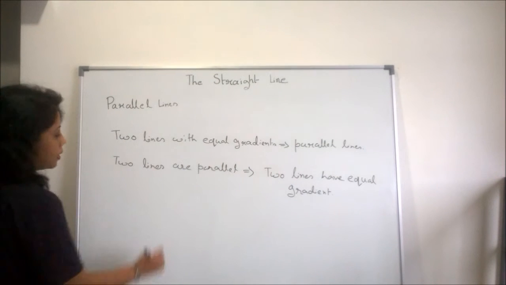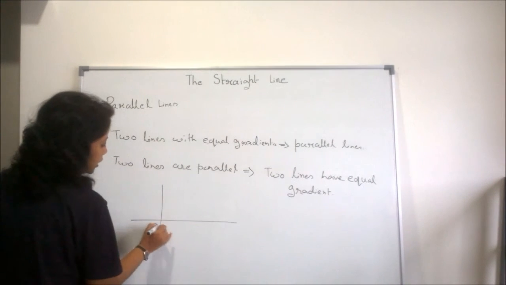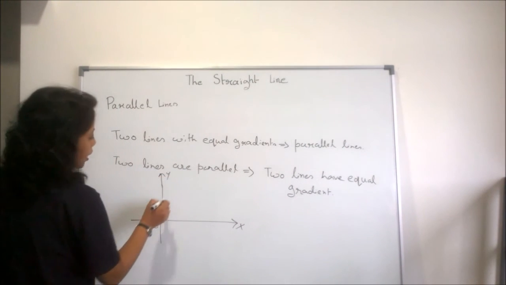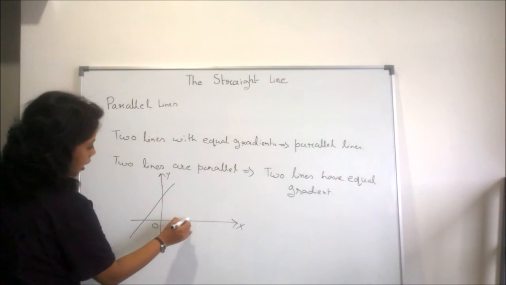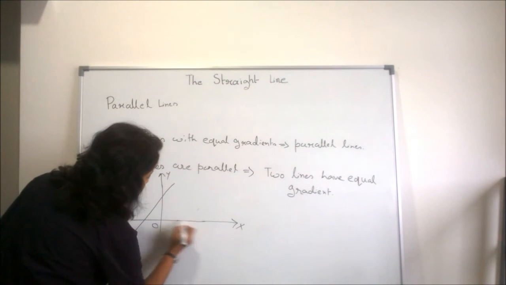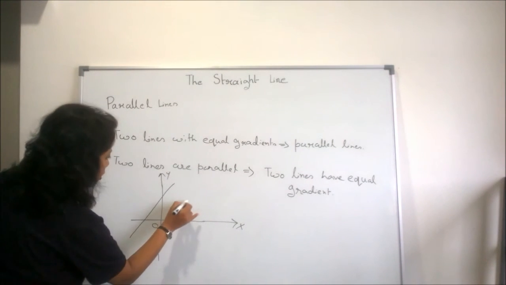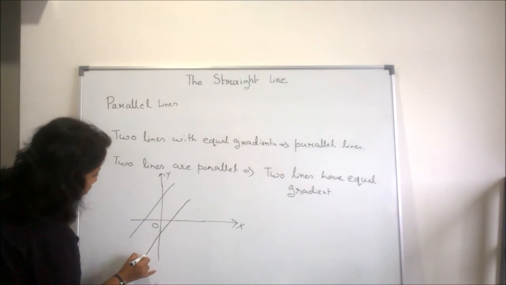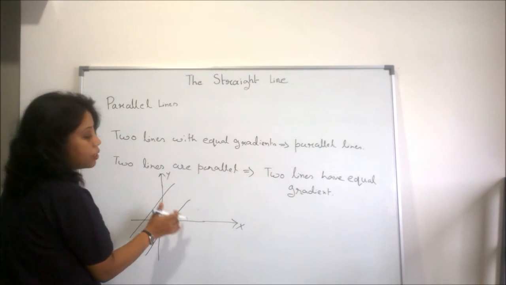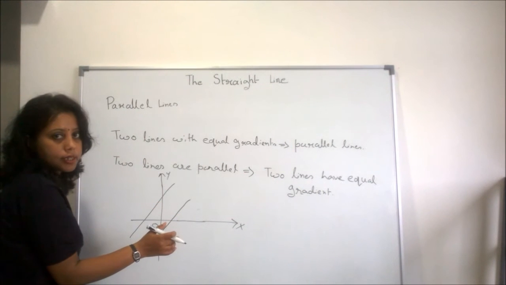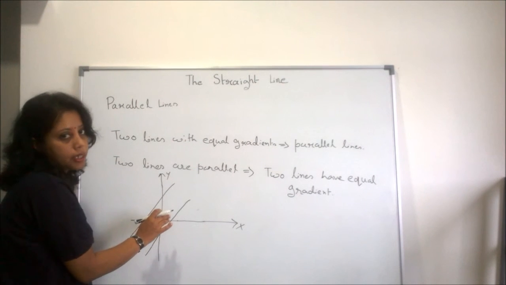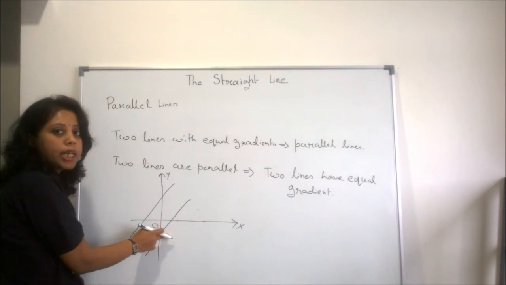If we take an example here, this is the x-axis, y-axis, and if we take this line and this line, these are two parallel lines. Both of these have equal gradients. The only difference is that they intersect in different places on the y-axis. That means the y-intercept is different, but both the lines have equal gradient.